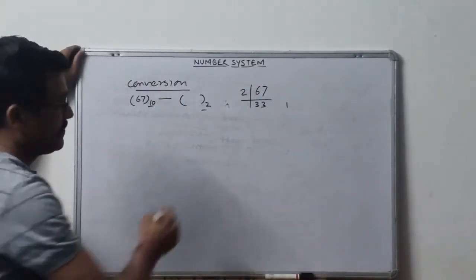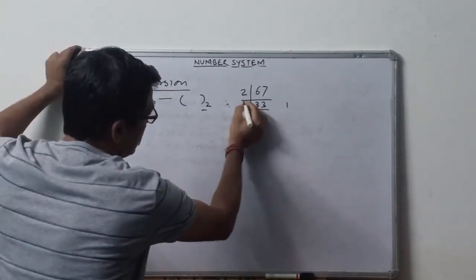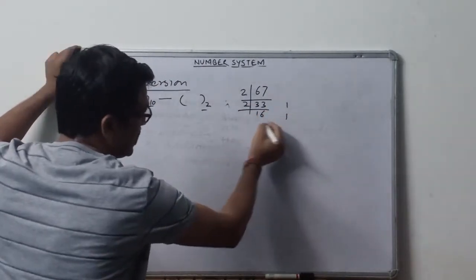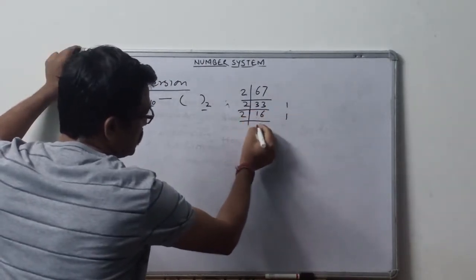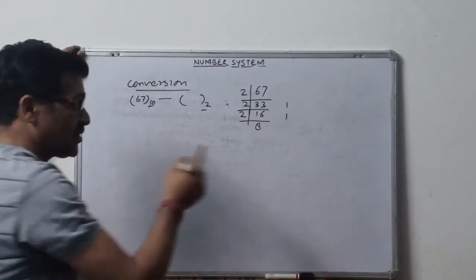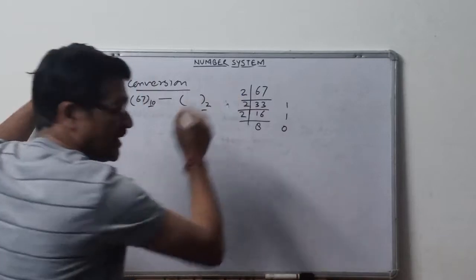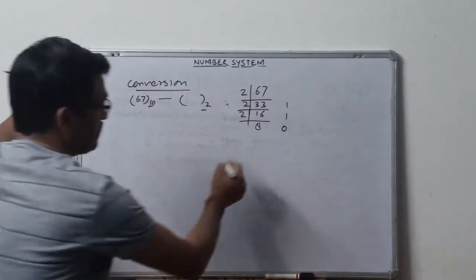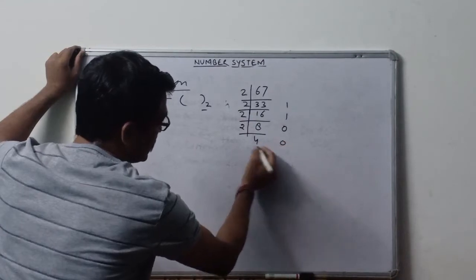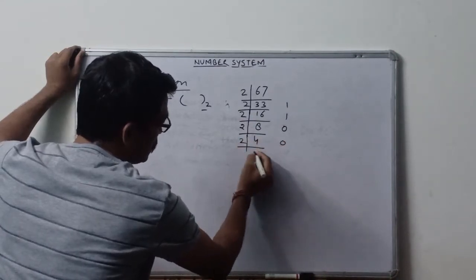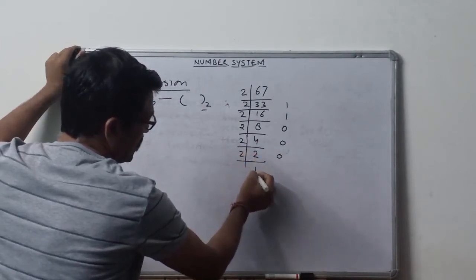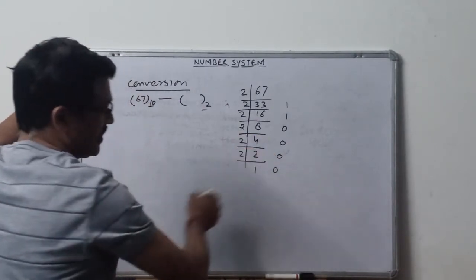1 is the remainder. Again, 2 6 are 12. The remainder is 1. 2 8 are 16. It is fully divided. Then also the remainder 0 will be written, because 0 is the remainder here. 2 4s are 8. 0 is the remainder. 2 2s are 4. 0 is the remainder. 2 1s are 2. 0 is the remainder.